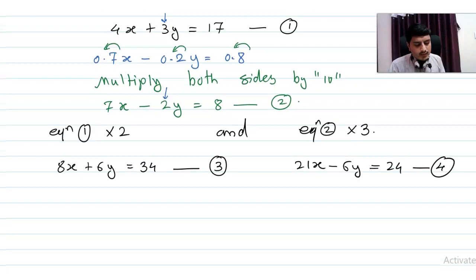Now look at equations 3 and 4 carefully. If we add the equations, we can eliminate the variable y. So equation 3 plus equation 4.